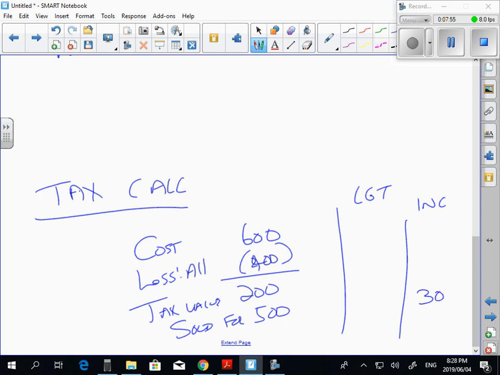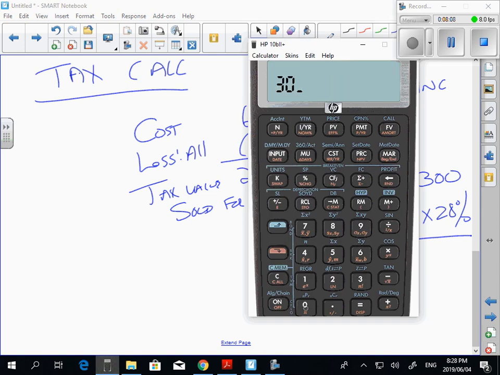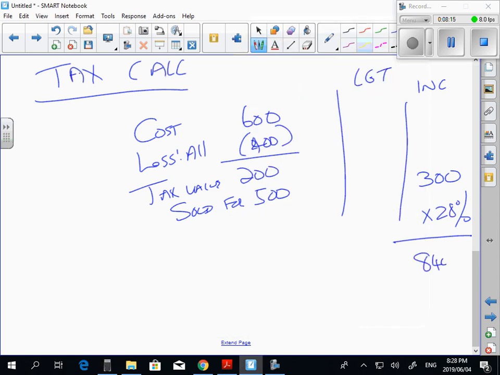Therefore, I'm going to have a recoupment of 300,000. Are you guys comfortable with that? And the amount of tax I'm going to end up paying, 300,000 times 28%, gives me 84,000 rands worth of tax that's going to be paid.